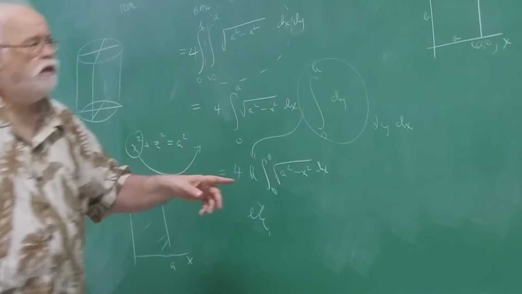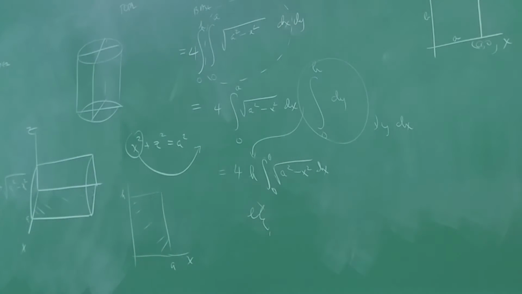But you'll notice I will have the minus here. This will be 2 times the square root of basically the same quadratic except with a different variable. And because it's minus a to a, I'll get twice as much as if I went 0 to a. Anyway, now I'm ready for the cone.